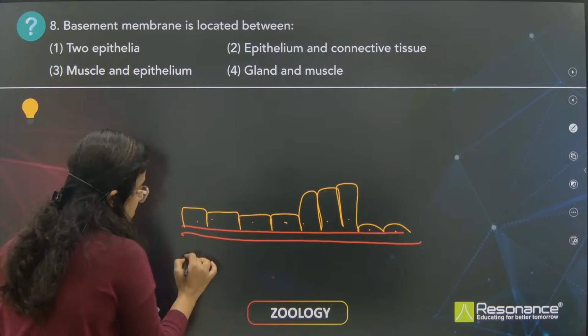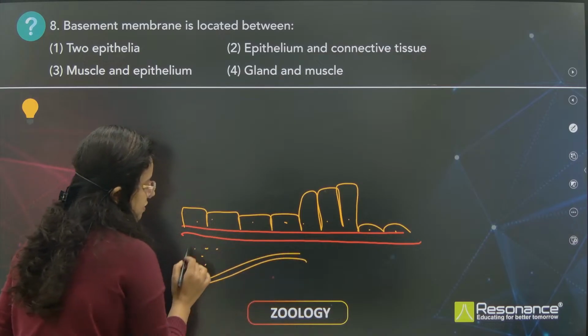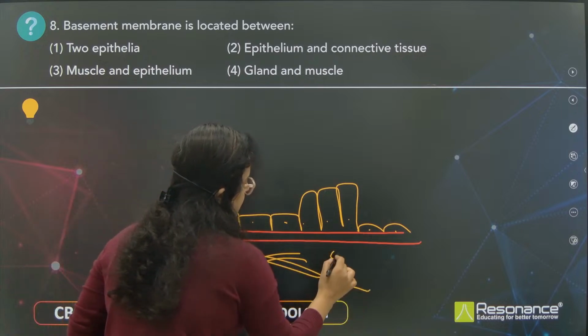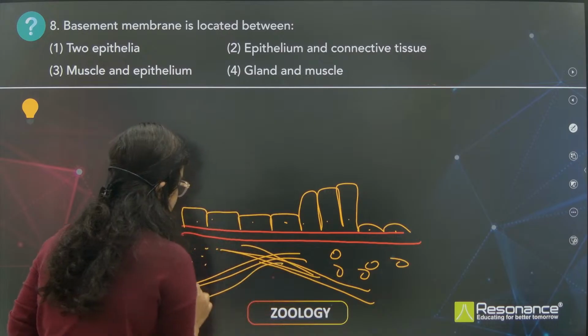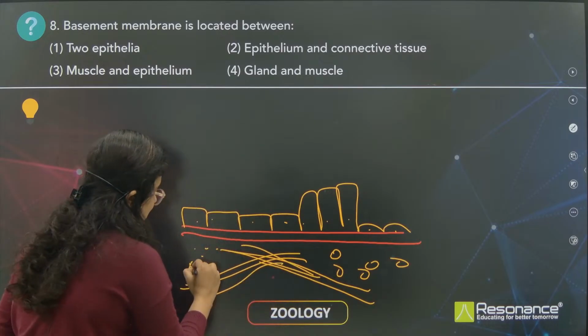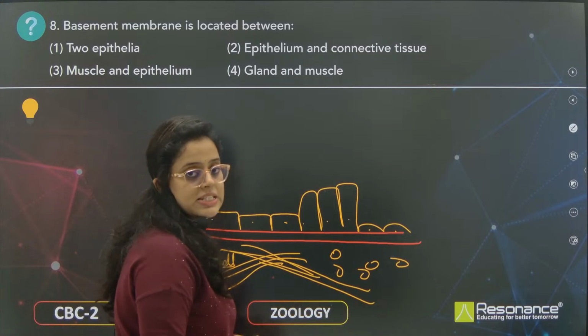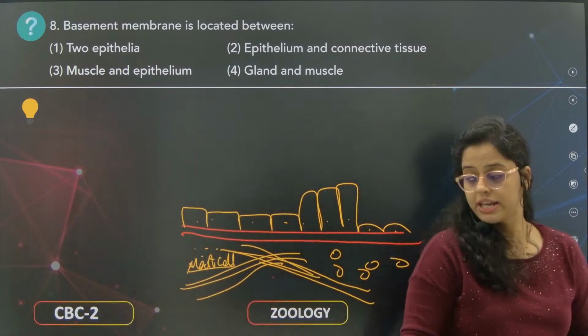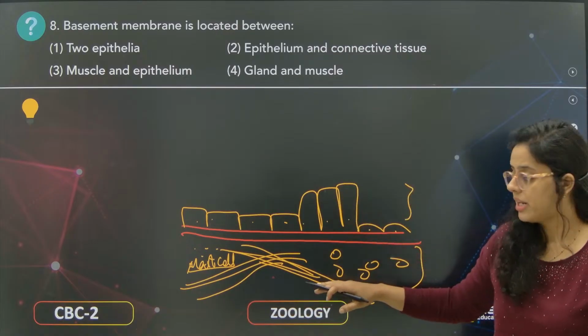Now below the basement membrane there is a connective tissue matrix. It is made up of different types of fibers and different types of cells, like white fibers and yellow fibers, fibroblasts, mast cells, and collagen forming cells. So this is connective tissue, this is epithelial tissue.